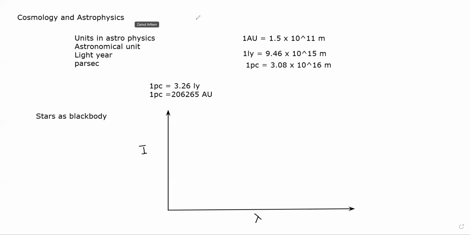So basically what happens is, if you have any material at a certain temperature, it is made up of particles. Some of the particles are moving very fast, some are moving very slow, but most of them are moving with the average speed.